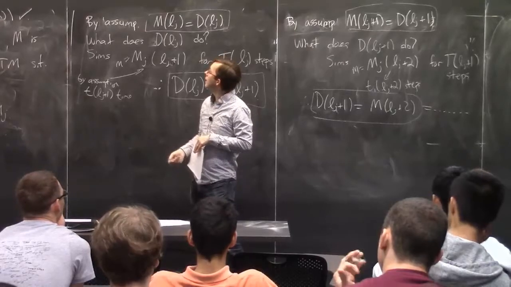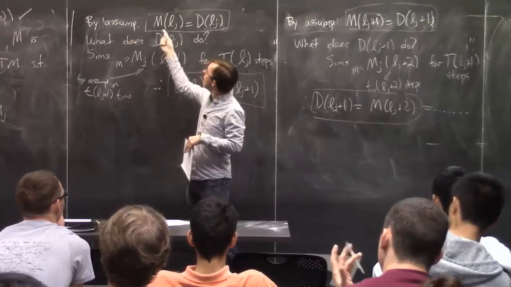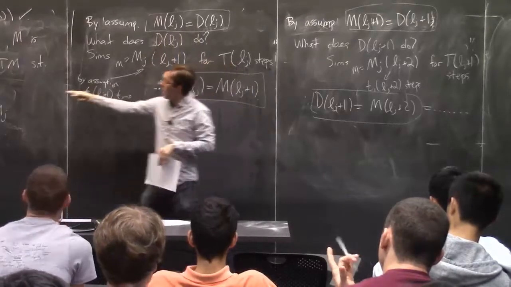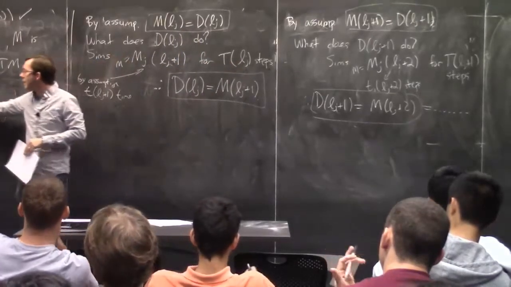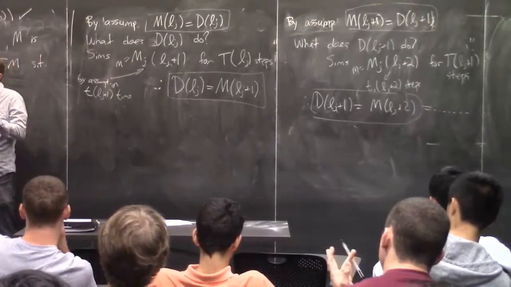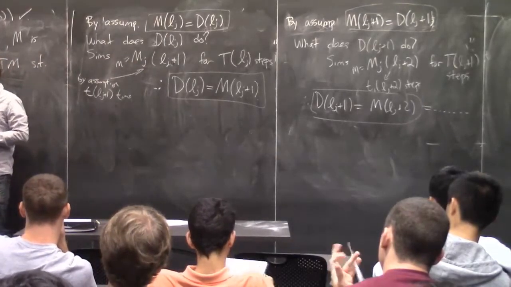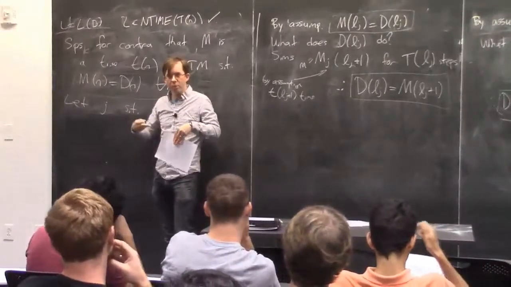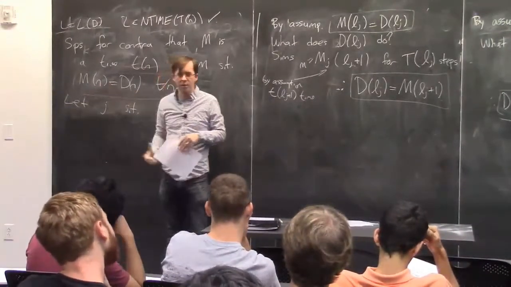So we don't necessarily know how D works. We don't know that D does M or has the same guess bit behavior. We just know that the overall output of D, in this weird sense of what it means for a non-deterministic Turing machine to have an overall output, is the same as it is for M.